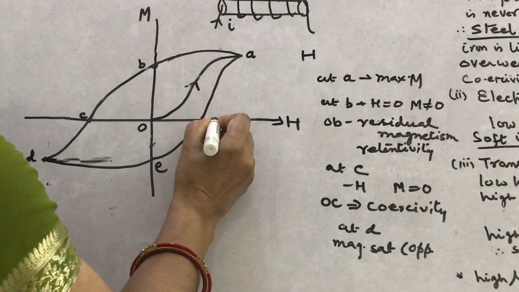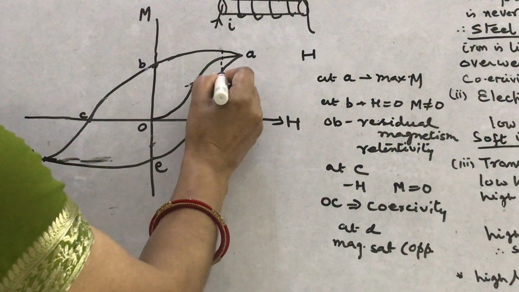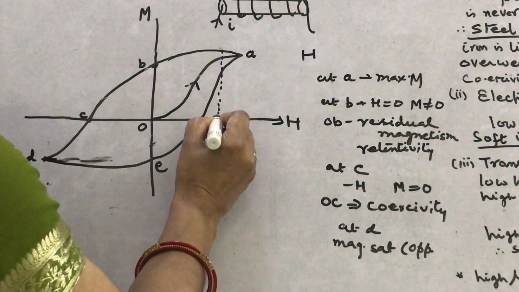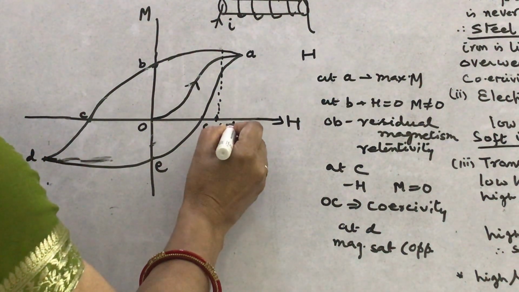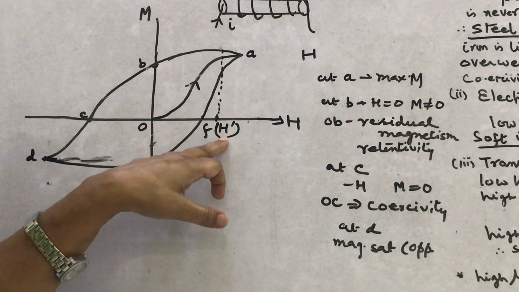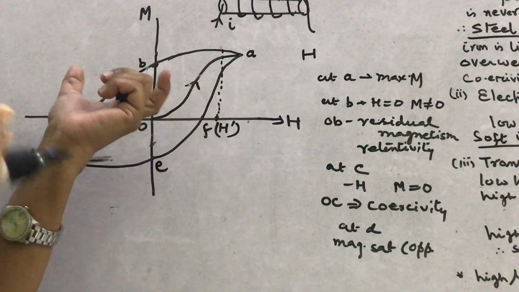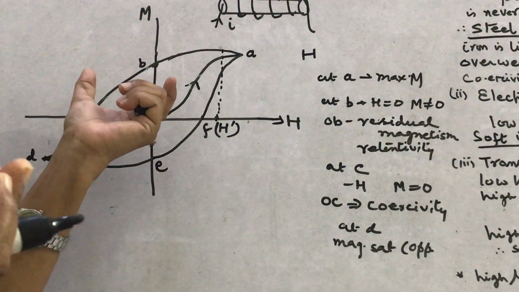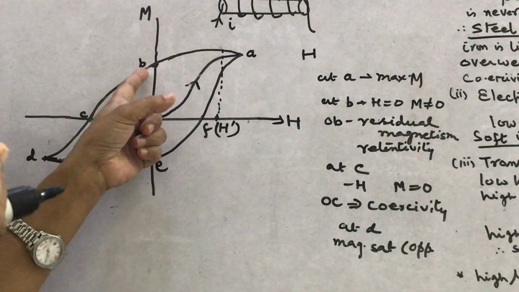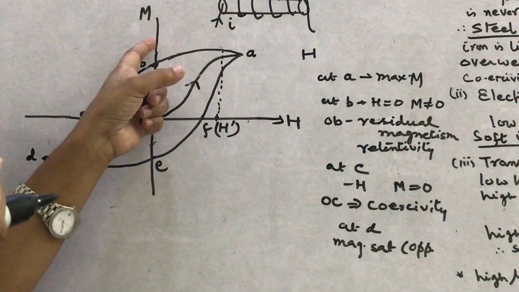Suppose the value of magnetic field intensity is H dash. For H dash, a single value, what is the value of magnetization? Here at this point and here at this point, there are two values of magnetization.